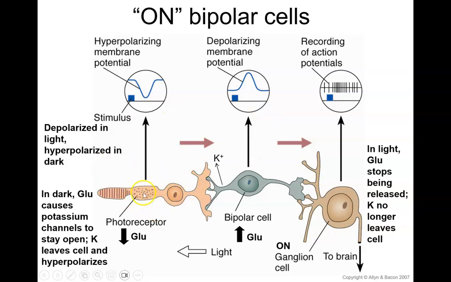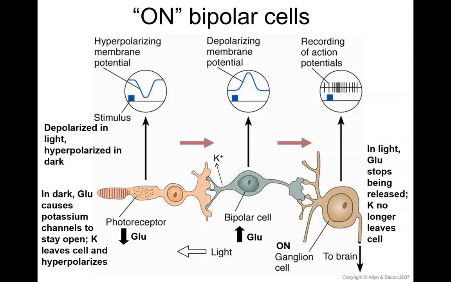In the light, the photoreceptor is hyperpolarized, and glutamate will stop being released. This is going to have the effect of depolarizing our bipolar cells, our on cells, because those glutamate receptors are no longer binding the potassium channels, and thus potassium can't leave.